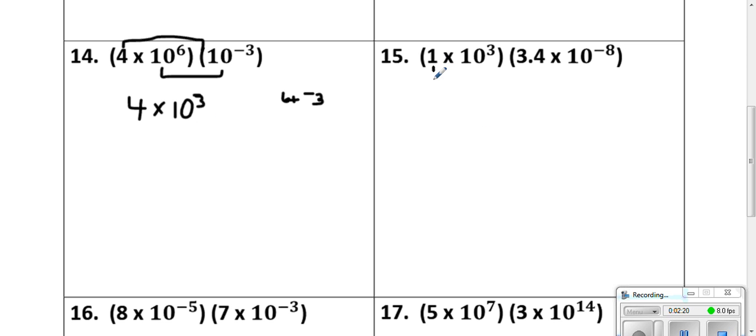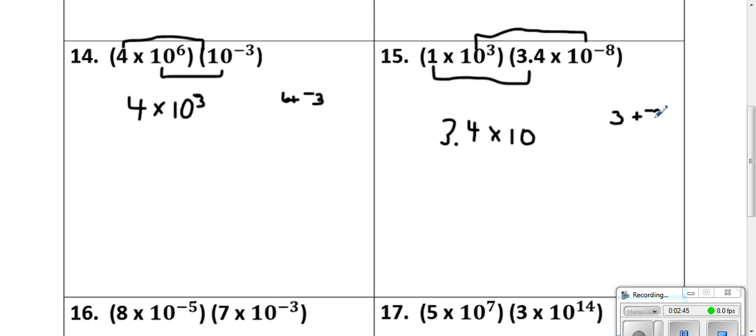Next one. 15 is 1 times 3.4. It's 3.4. Nice and easy. 10 to the third times 10 to the negative 8th. Remember, you keep the base, and this is multiplication. So you're adding the exponents. 3 plus a negative 8.